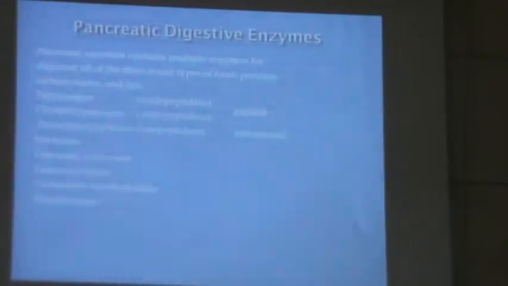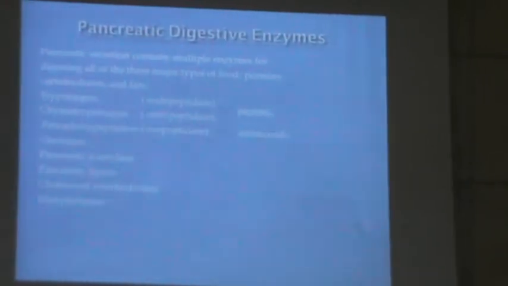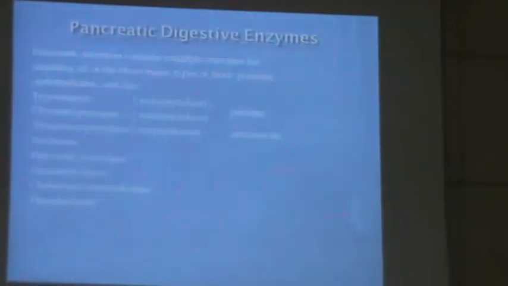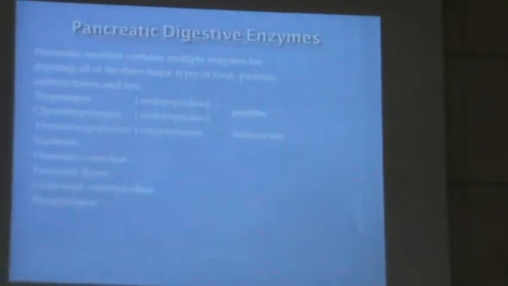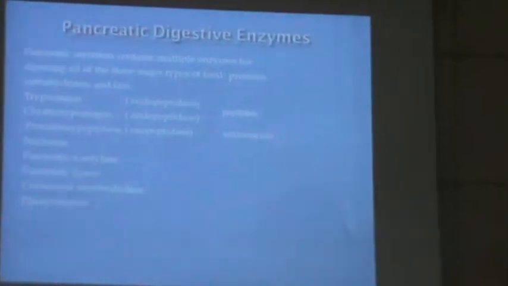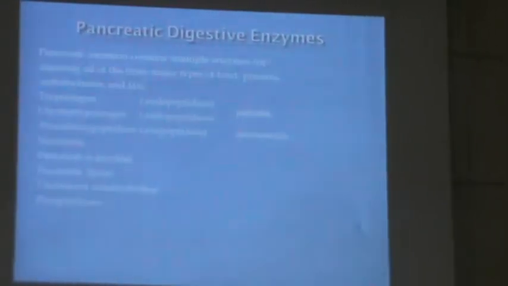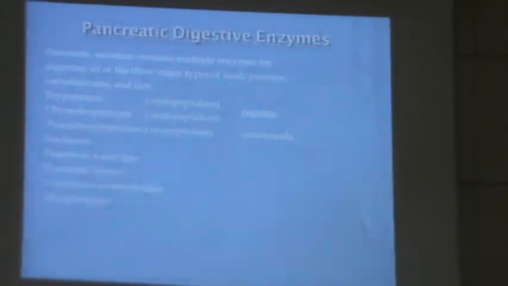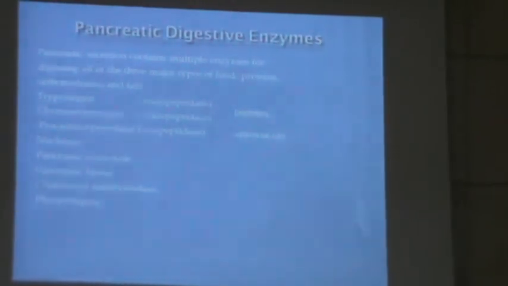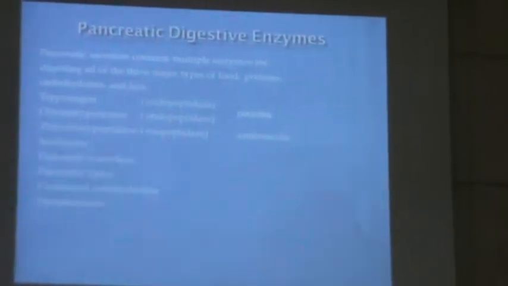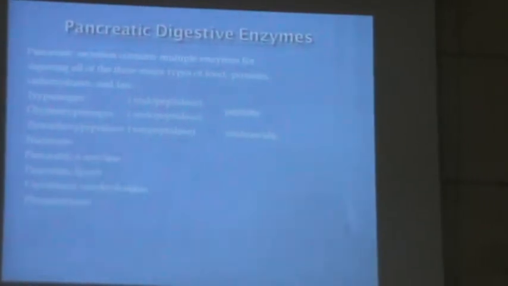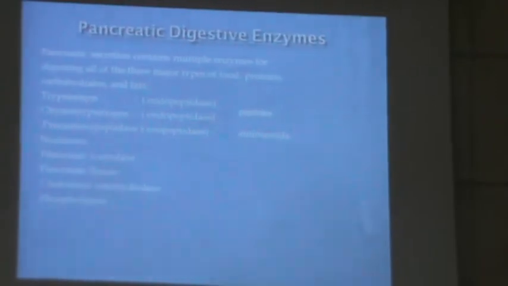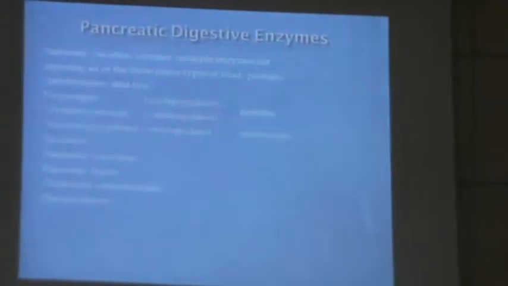The pancreatic digestive enzymes are proteolytic enzymes that degrade proteins, and these are trypsin, chymotrypsin, procarboxypeptidase, and nucleases. As you know from biochemistry, trypsin and chymotrypsin both degrade proteins into peptides of different lengths.